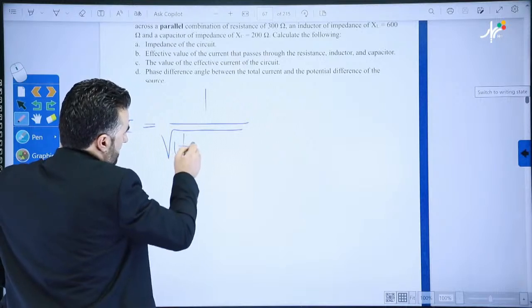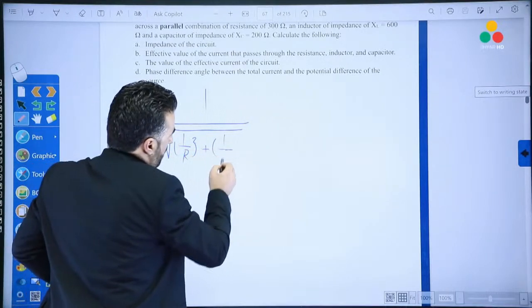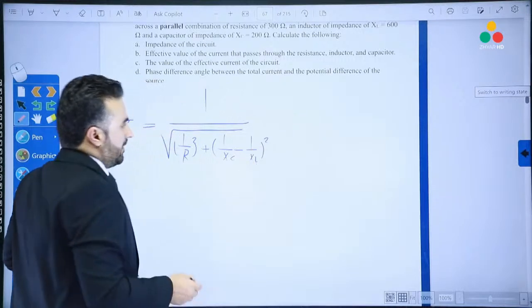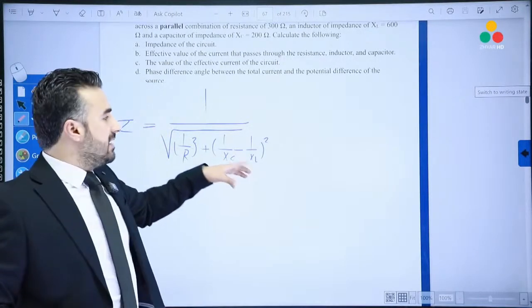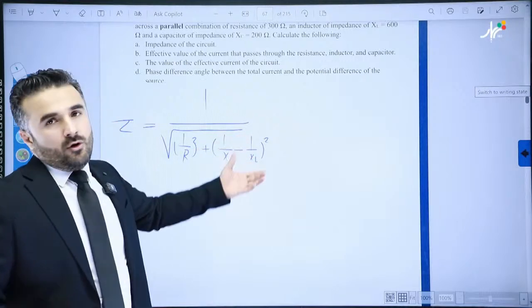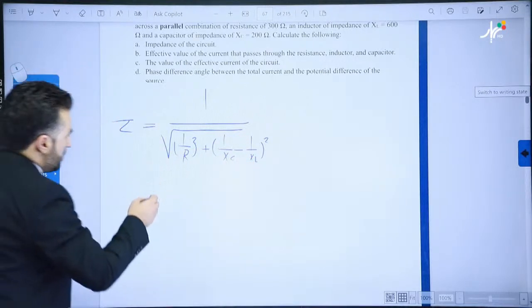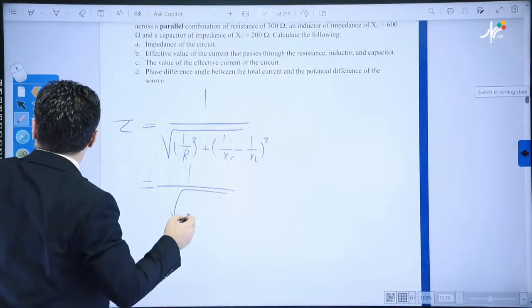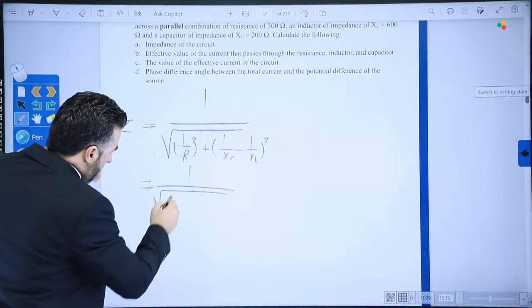If I did not have XL and XC, I would have, for example, used omega C minus 1 over omega L. But since I have this one, I can just use this one here.